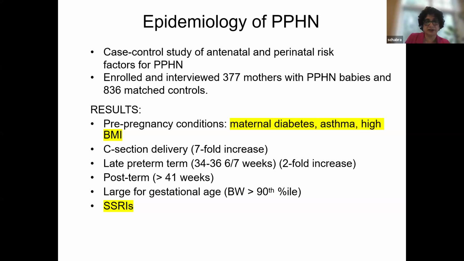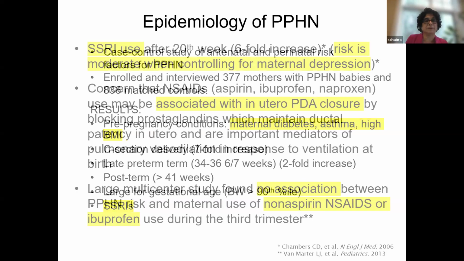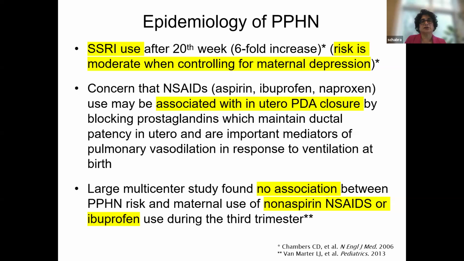And post-term infants greater than 41 weeks, large for gestational age infants, and mothers with SSRI use. SSRI use after the 20th week carries a moderate risk when you control for maternal depression. There is a concern that NSAIDs, which are aspirin, ibuprofen, and naproxen, used in utero can cause PDA closure, and a large multi-center trial found no association between maternal use of non-aspirin NSAIDs or ibuprofen.